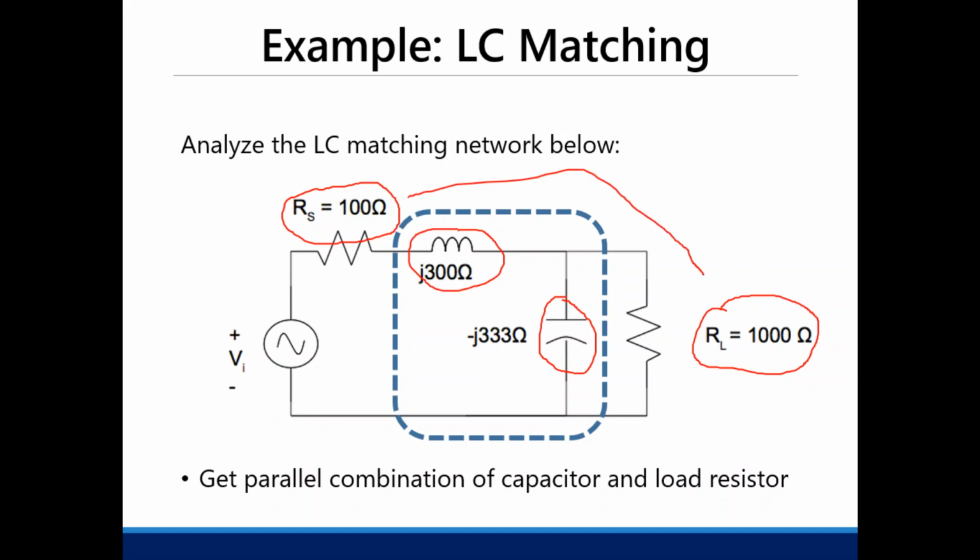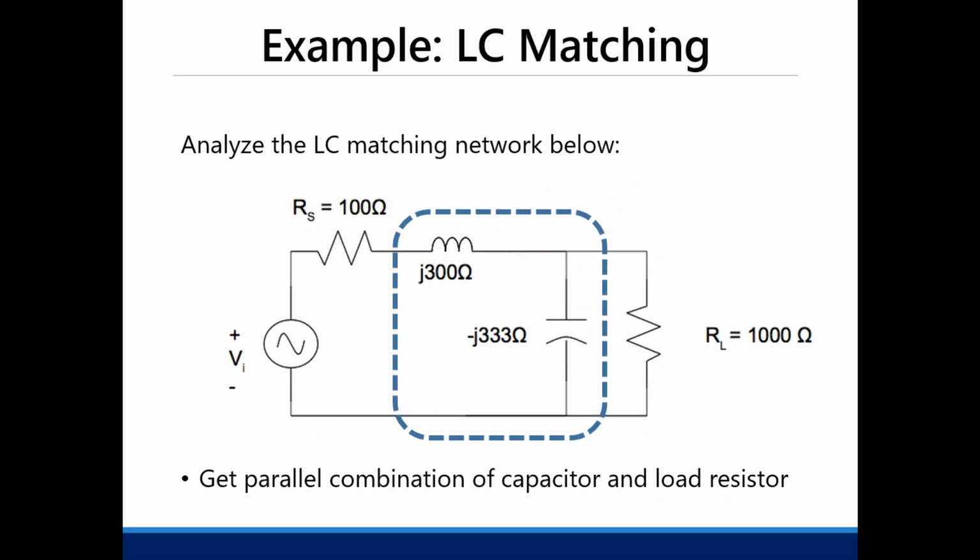So these two should be equal. Any reactance should be cancelled out by an equal and opposite reactance, so that at resonance they will cancel each other out, and you'll be left with equal resistances that share the power from the source right here. So that is your L matching network.